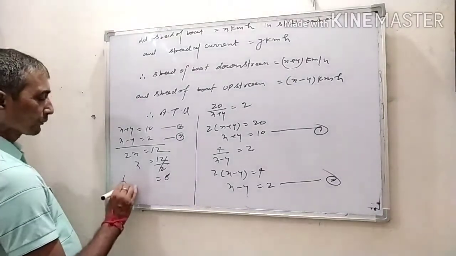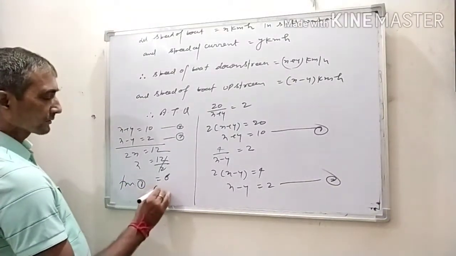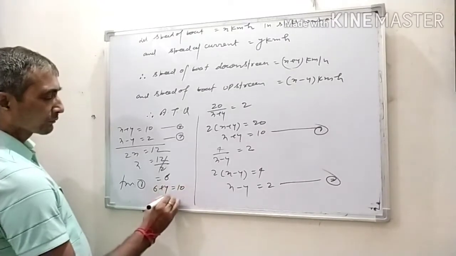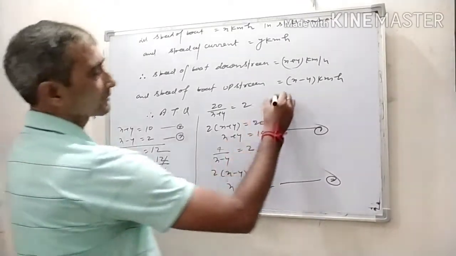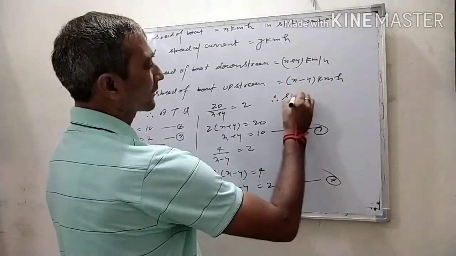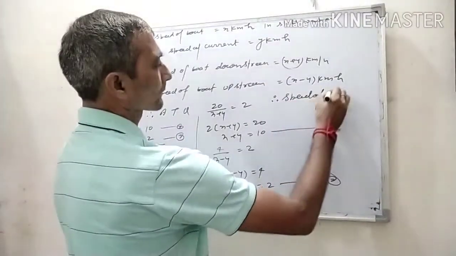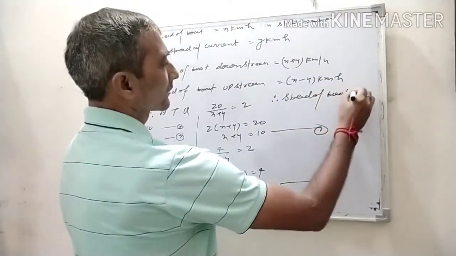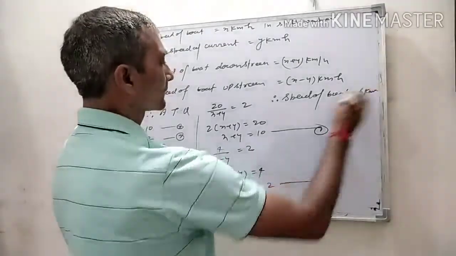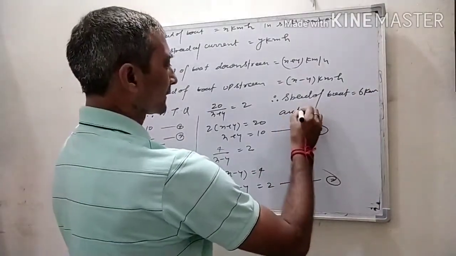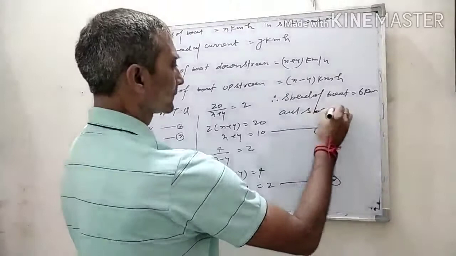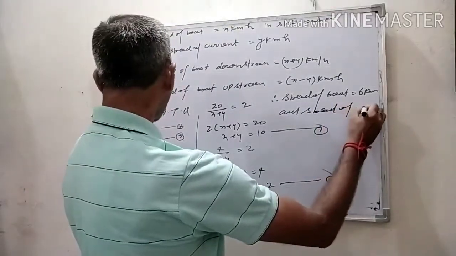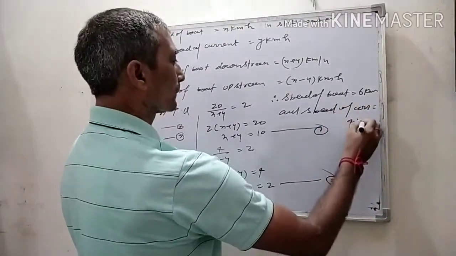And from 1, 6 plus y equal to 10, y equal to 4. Therefore, you can say that speed of boat is 6 km per hour and speed of current is equal to 4 km per hour.